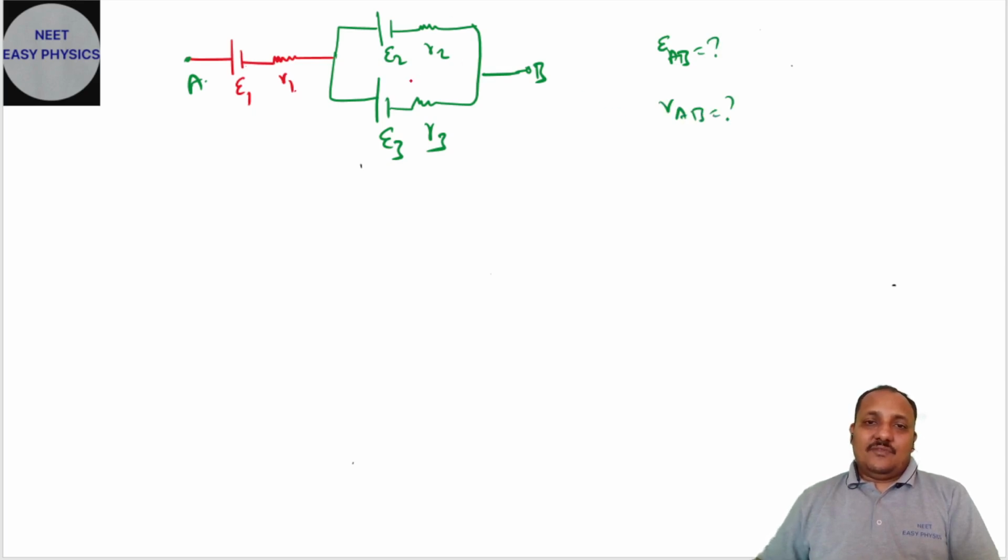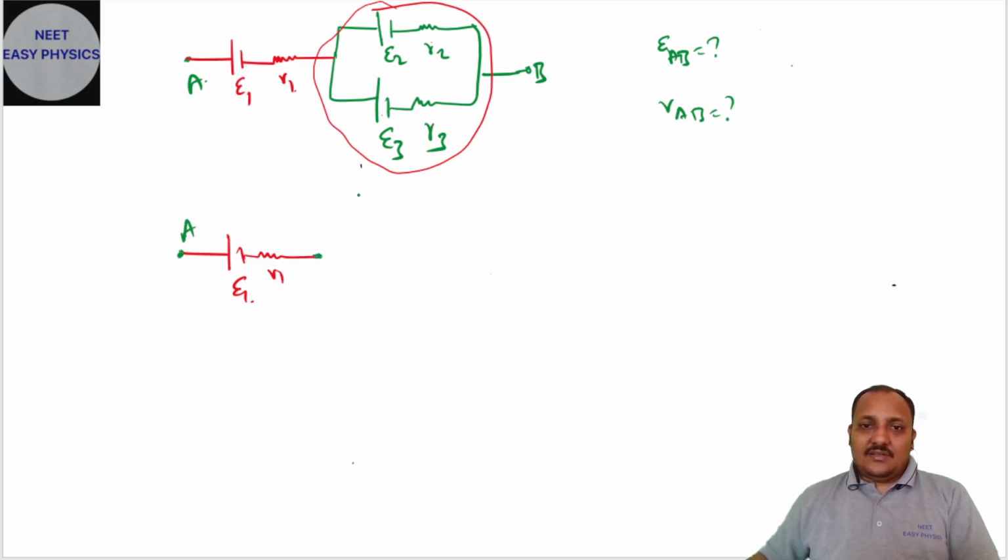For this, here these two are connected in parallel, positive to positive. For these two connected in parallel, this green color combination, this left one is E1, R1. Now, what is the effective EMF here? It is E23, and this is R23.